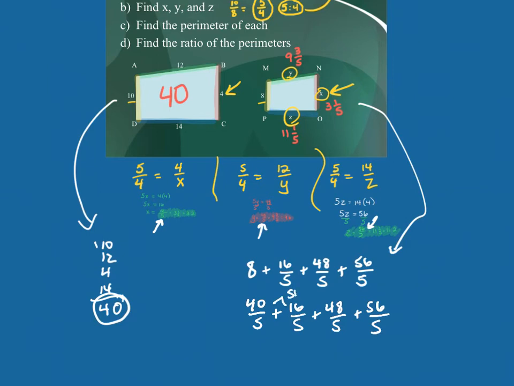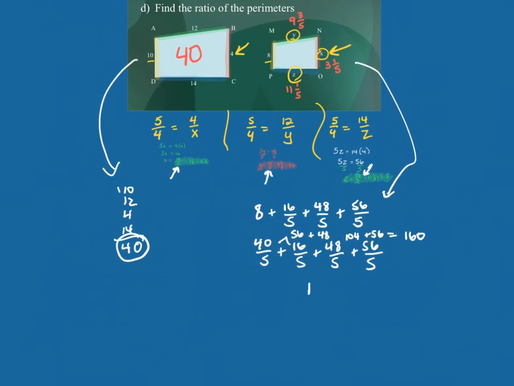So this is 56. 56 plus 48, 104 plus 56, 160. And I get 160 over 5, which actually divides in evenly, right? That's 32.